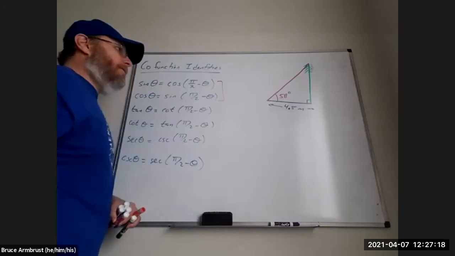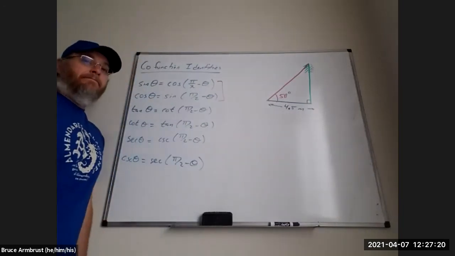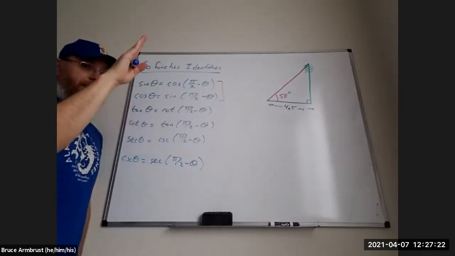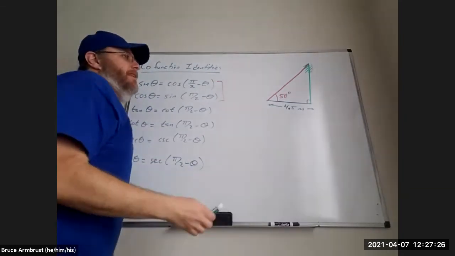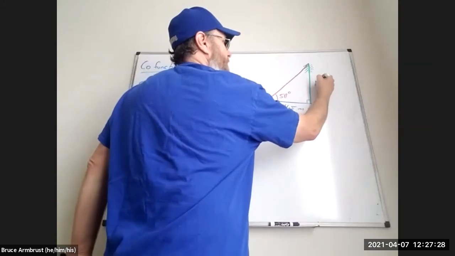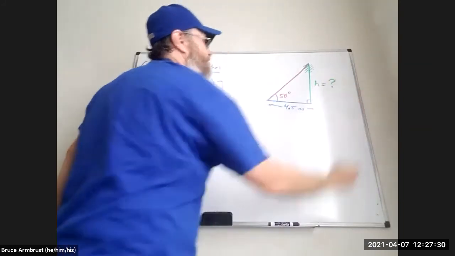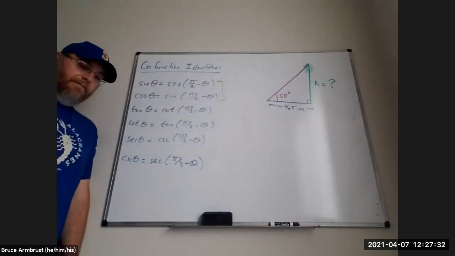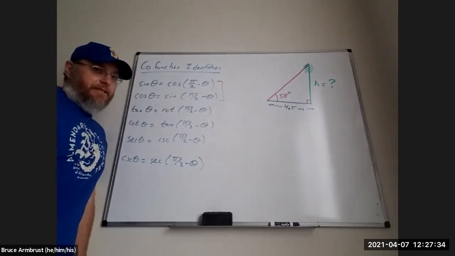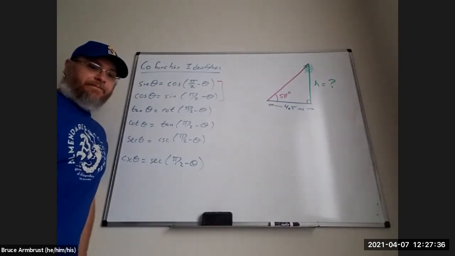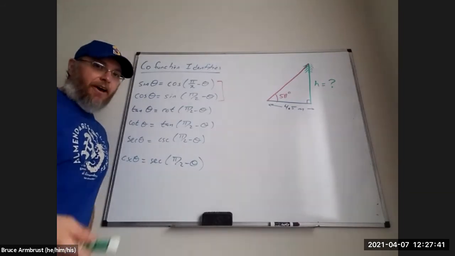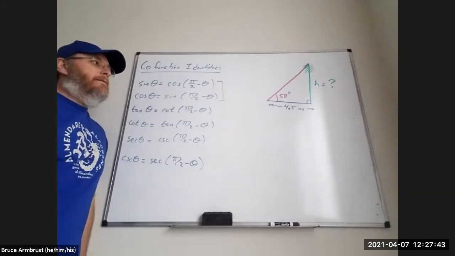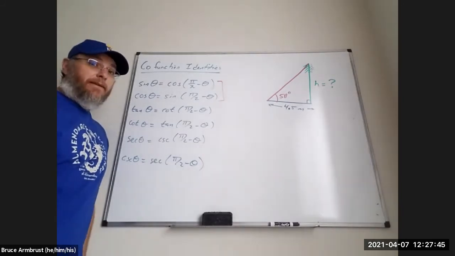Okay, so we're 4.5 meters from the tree, and we measure that angle to be 58 degrees. And I want to know, what is the height of this tree? So it's a really easy question. How tall is that tree? And it turns out we can get the height of that tree without climbing the tree if we use some trig.